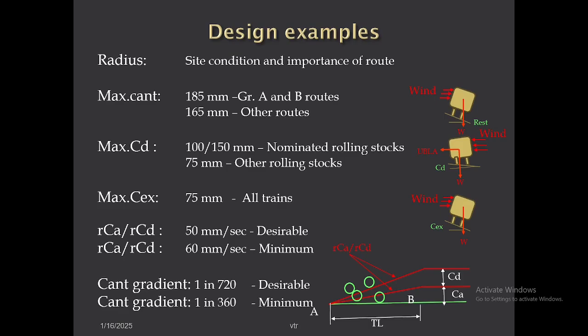So that has been limited to 60 mm per second for the rate of change of cant efficiency, and the steepest cant gradient permitted is 1 in 360. Okay, so we will go into a worked-out example of how these limiting values are used for designing of curves. You can see.